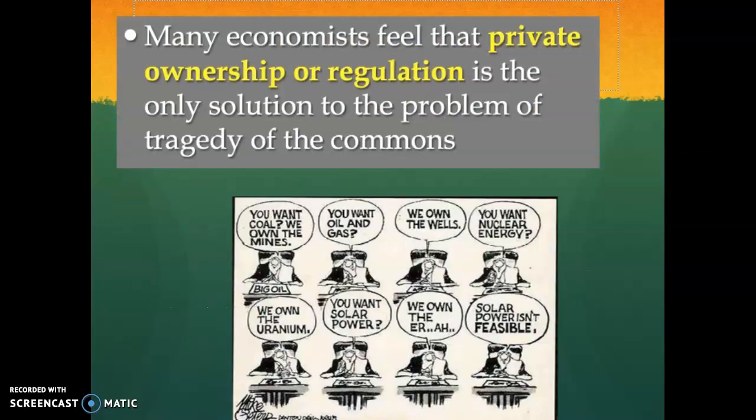So a lot of economists, like Garrett Hardin, feel that private ownership and regulation is the only solution to solve the tragedy of the commons. So the idea being that when we have oversight from someone, it causes the people that use it to band together and cooperate.